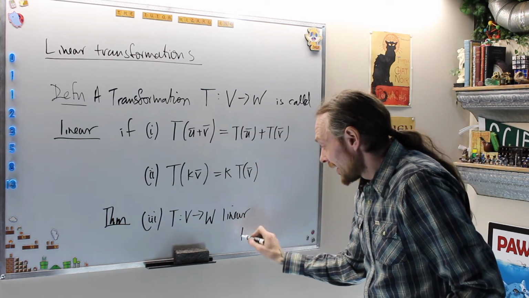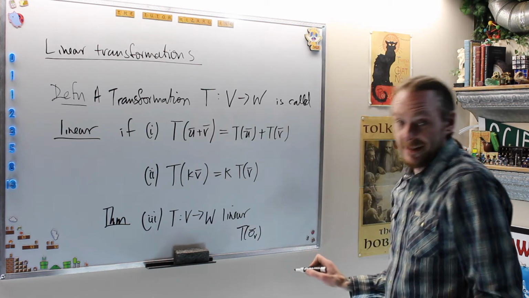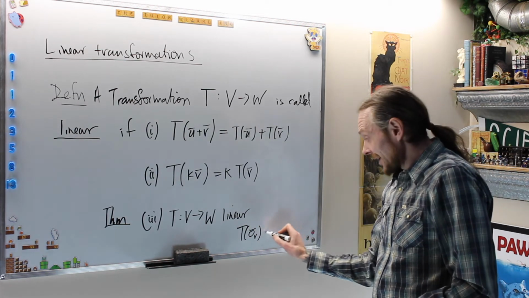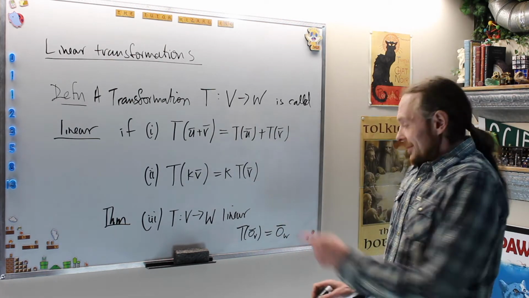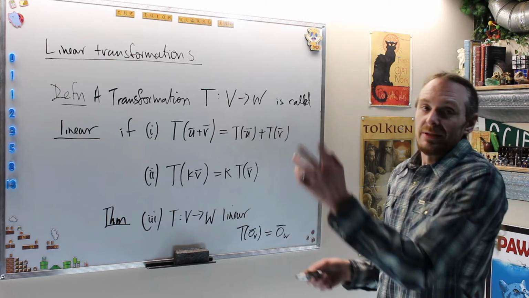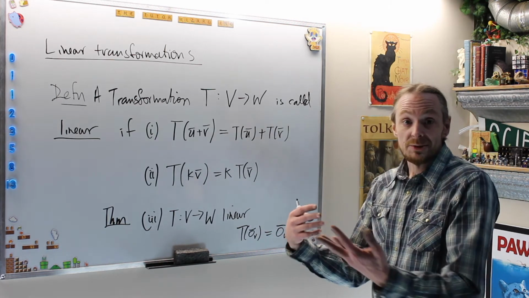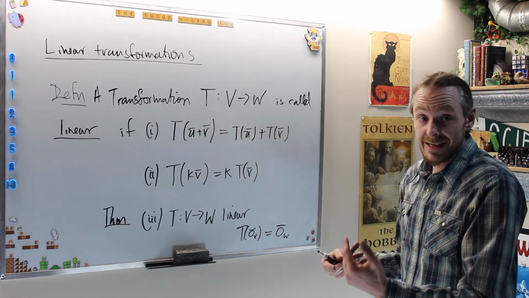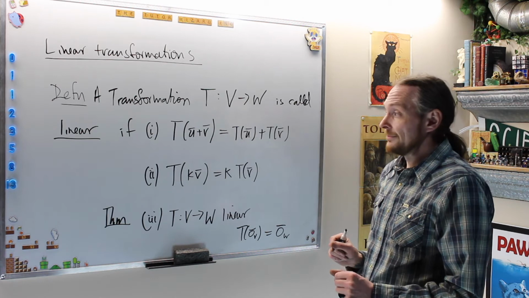So if T is linear, then T of the 0 in V is the 0 in W. 0 maps to 0. In the same dimension, it says that 0 will map to 0, but if the vector spaces are different entirely, as you'll see in a couple of my examples, the 0 may not be the same in each vector space.